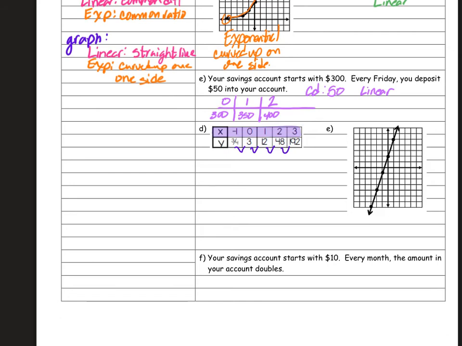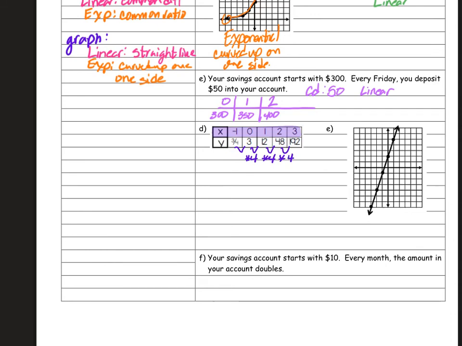So let's look at 3 to 12. How do I get from 3 to 12? Well, 3 times 4 is 12. What's 12 times 4? 48. Good. Get out your calculator if you're not sure I'm doing it right. 4 times 48, a little harder, but 4 times 48 actually is 192.